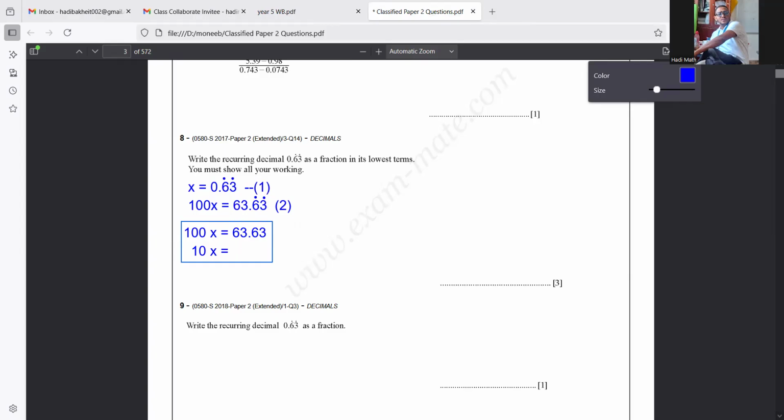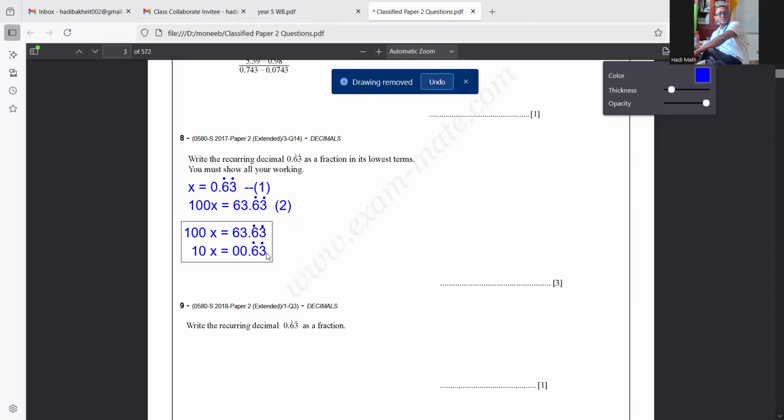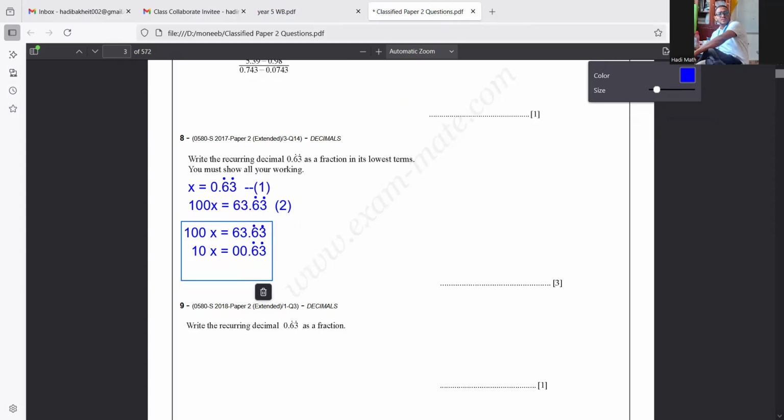You could put 2 zeros, 0.63 and recurring. Then you will subtract. The recurring minus the recurring will be 0. And then 100x minus 10x is going to be equal to 90x. So 90x is equal to, subtract this one, is going to give you 63.